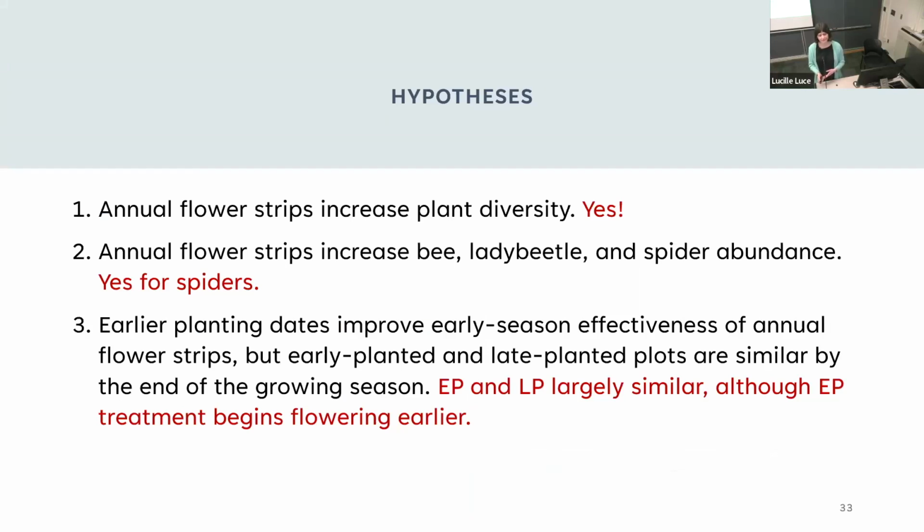Overall conclusions then, we have pretty strong evidence that the annual flower strips do increase plant diversity and also the abundance of some of these desirable insects, at least the spiders. And regarding planting time, both the early planted and the late planted plots did have benefits, although the early planted one had a bit of an edge in that more of the species included in that treatment were able to flower by August.